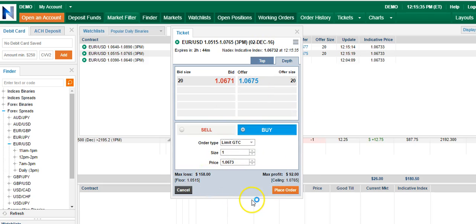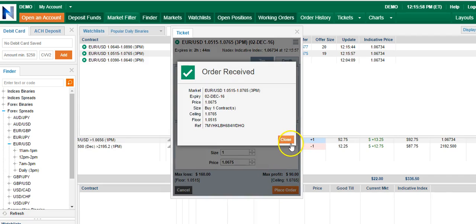So since I've been talking, the market has moved a little bit. So it's $1 a pip. So if this moved up, you would get $1 for every pip that it moved above the number. So we're trying to buy it at 73. We're going to change it to 75 since the market moved, just so I get filled for this particular video.